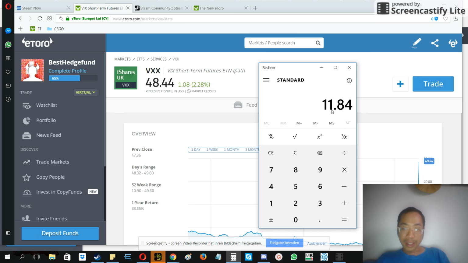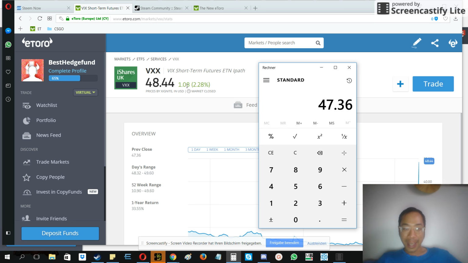When you had a share at this price, you need 4 shares to get a full share. So right now you just have to multiply the price by 4, then you get the actual price.